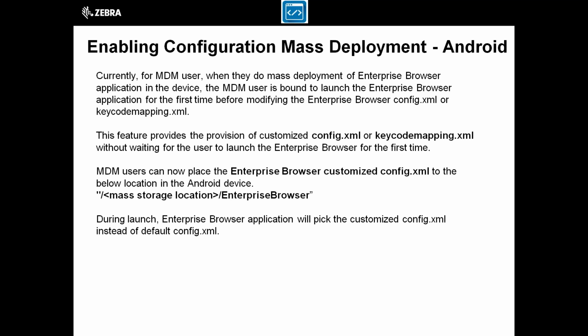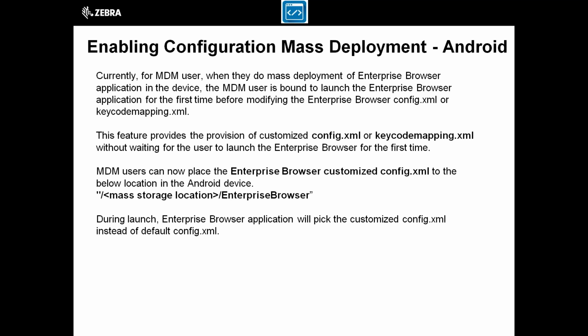First, they needed to push the Enterprise Browser binaries into the Android device, then install the Enterprise Browser application, then launch the application. Then the fourth step was to copy the config.xml which was created during launch of the Enterprise Browser application, and then customize it based on the user's details.